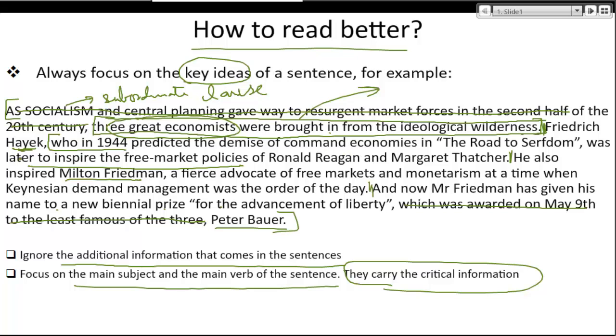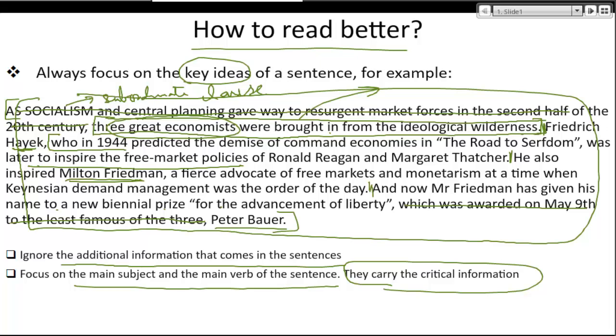So he says Friedrich Hayek was later to inspire the free market policies, and he also inspired Milton Friedman. So that means he's likely to be the second economist. And then it says here, and now Mr. Friedman has given his name to the third one. So the key idea of this entire paragraph is that three great economists towards the second half of the 20th century came to the forefront, and they were A, B, and C.